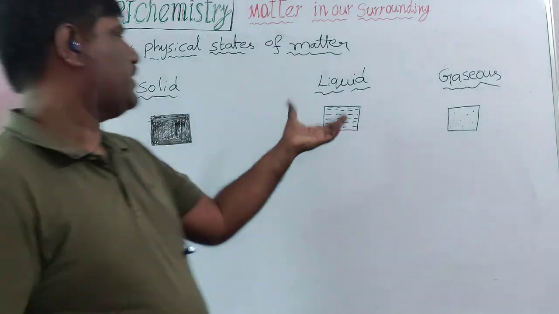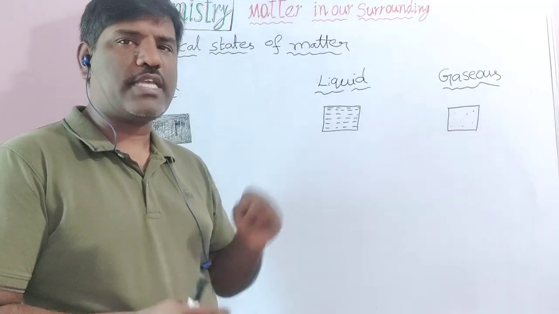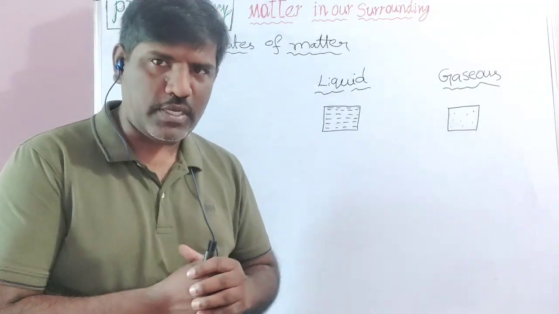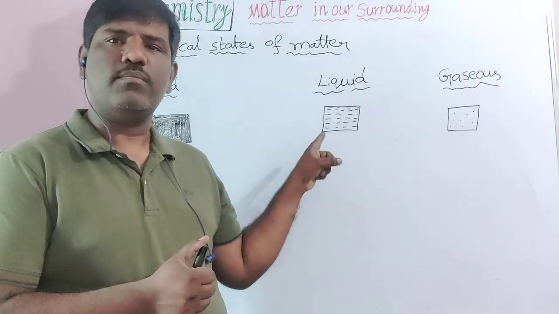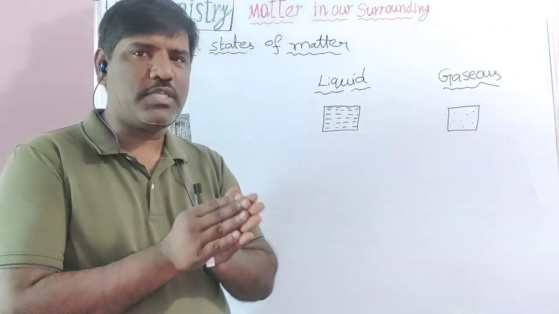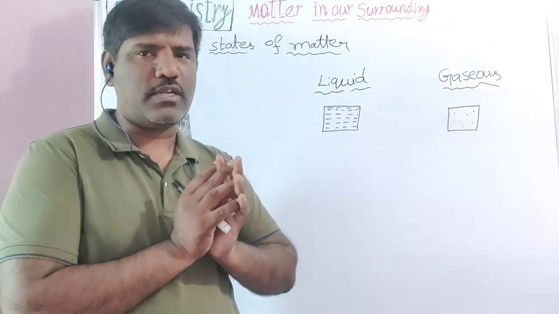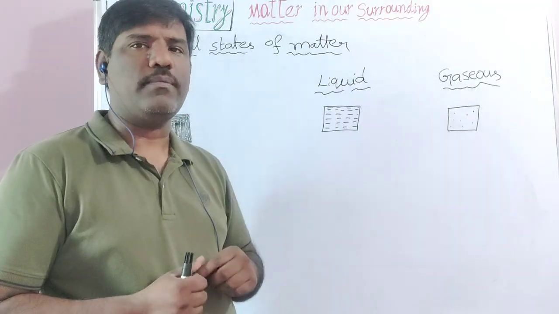Next, liquids. If you observe liquids compared to solids, liquids have more space between the particles. But when space is more, attraction is less between the particles. That is why it exists in liquid form.